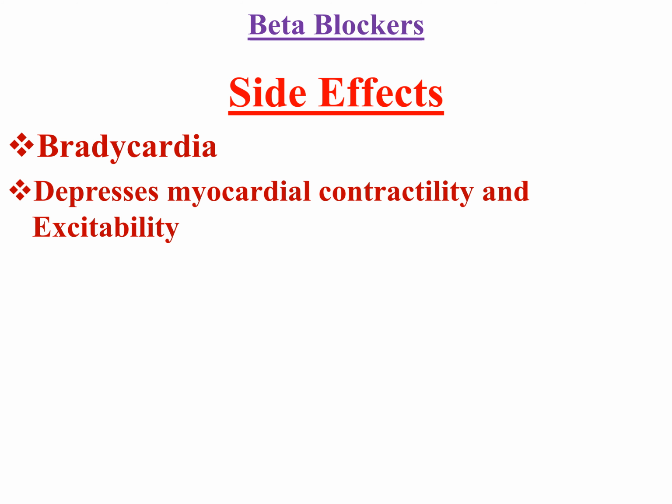And also they are going to depress the excitability of the heart, because some of these beta blockers also have a local anesthetic action. So they produce what is called membrane stabilization, which will decrease the excitability of the cells.